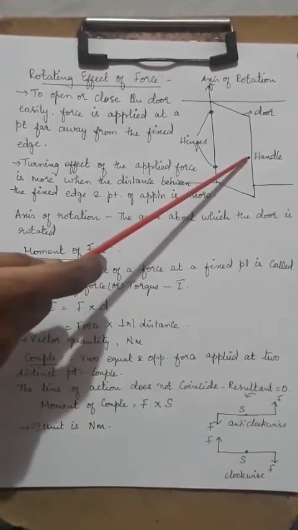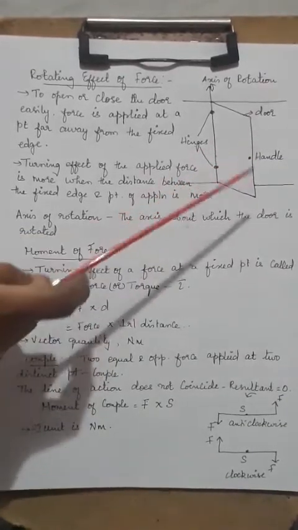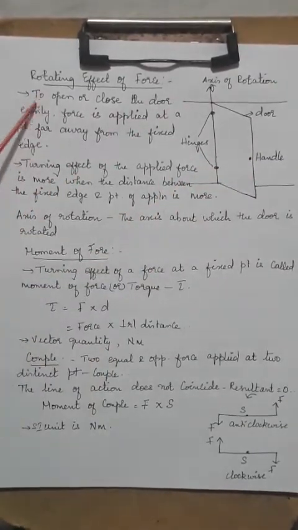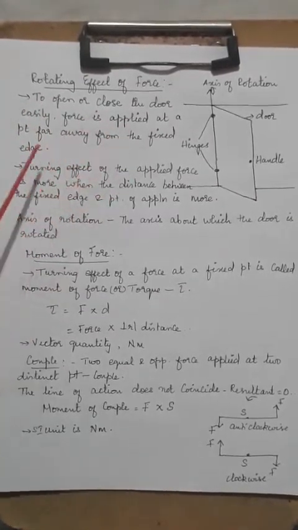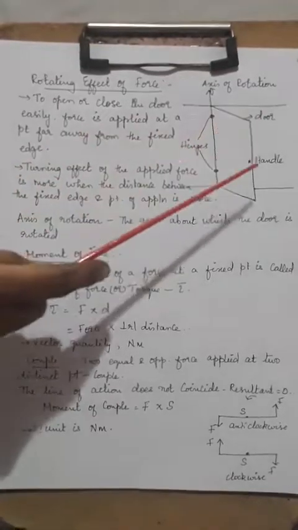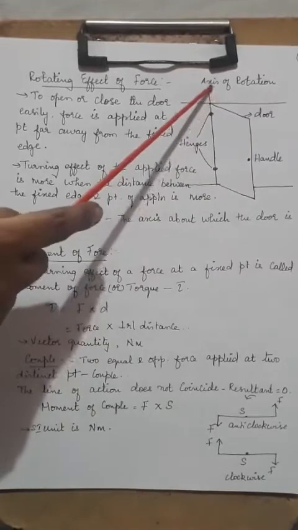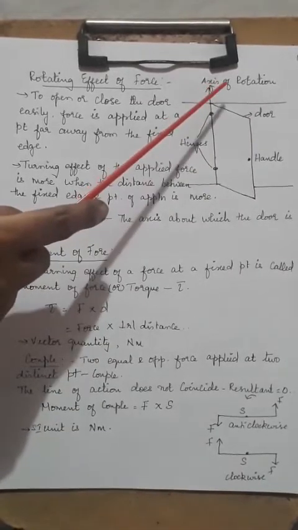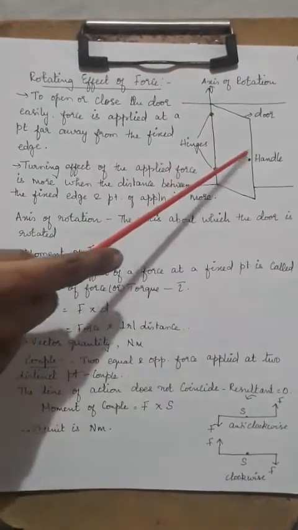Because only then is it easier for us to move the door. To open or close the door easily, force is applied at a point far away from the fixed edge. So when you apply a force, what happens? It moves, in the direction shown here. So there is a turning effect.